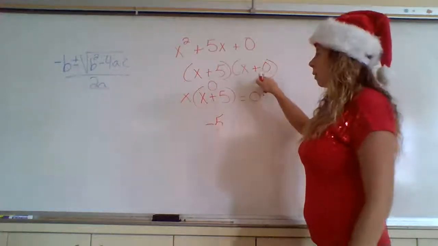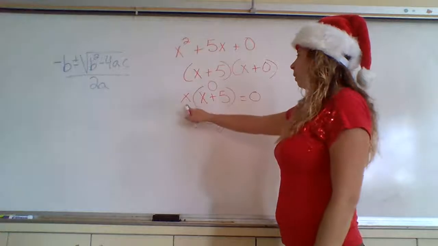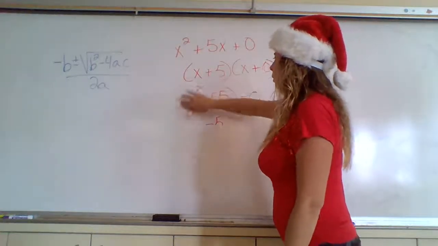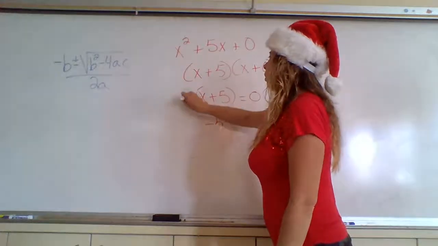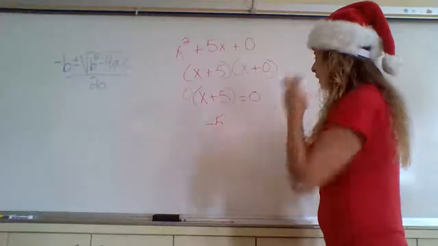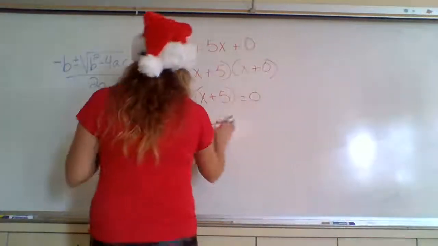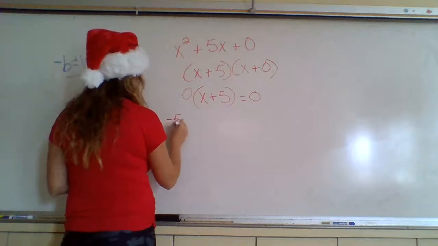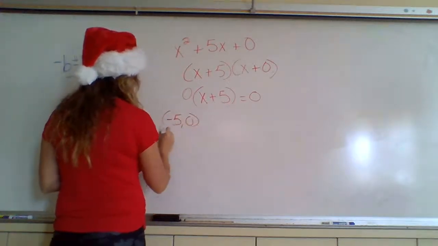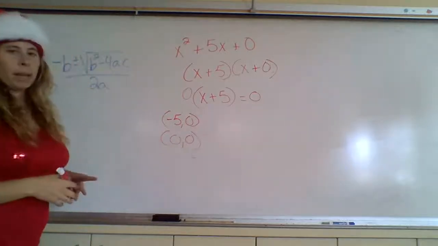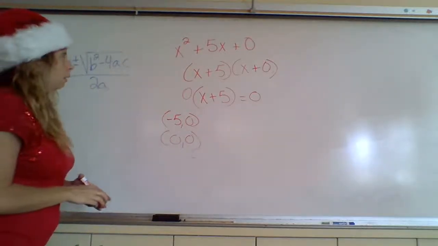There's no opposite of 0, which also makes sense. If x is 0, then you have 0 times x plus 5, which is 0. 0 times anything is just 0. So your x-intercepts would be -5, 0, and the origin, or 0, 0.